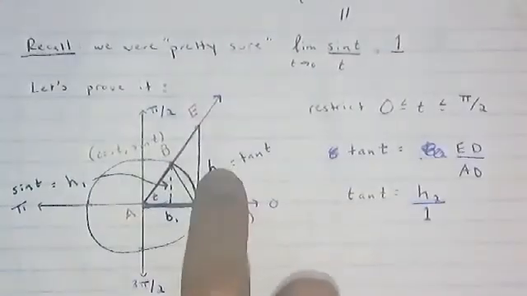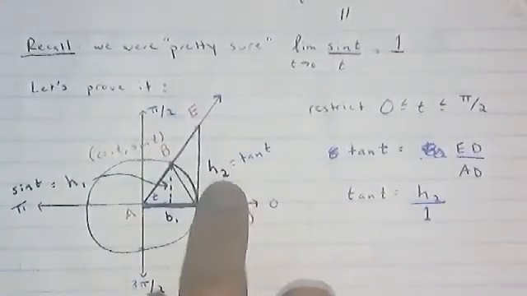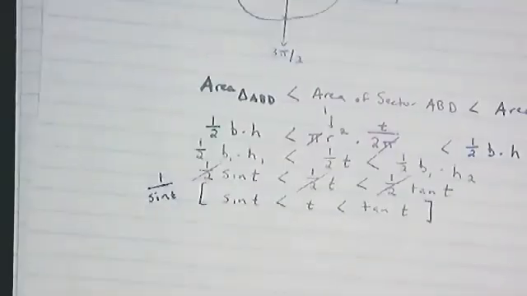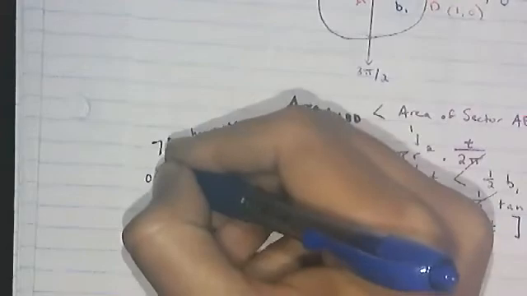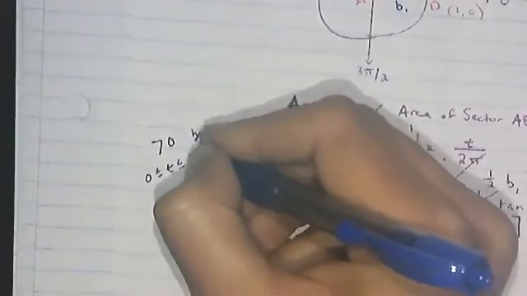But as defined in this proof, it cannot be. So we have this assurance that this thing is greater than 0 because of our restriction of t between 0 and pi over 2. Okay.